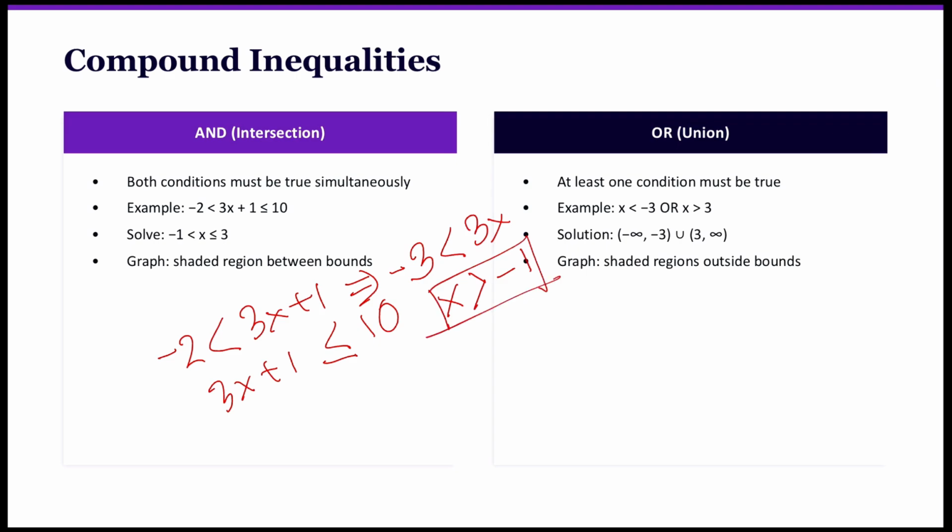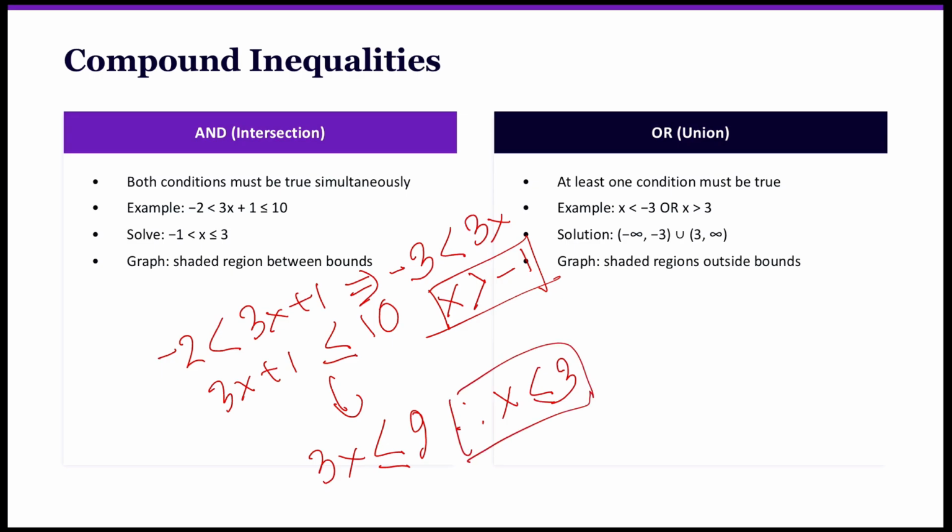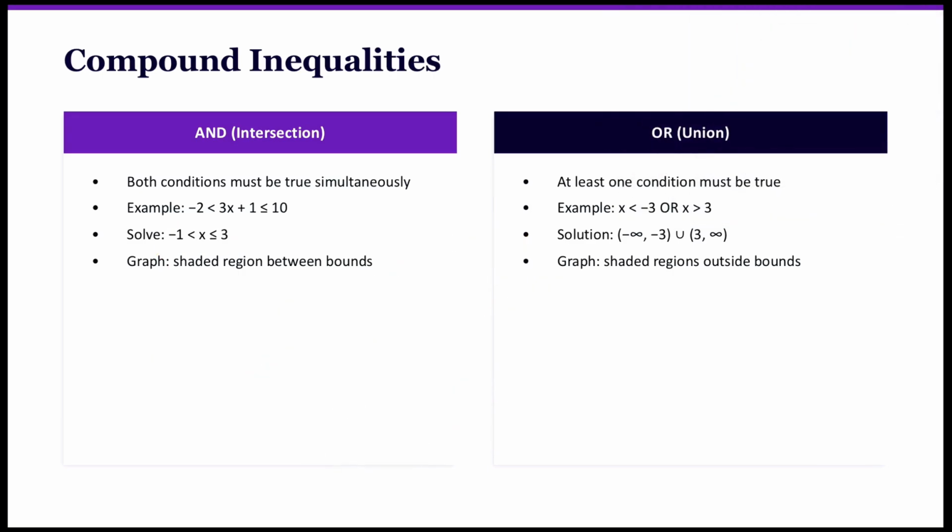And the other condition we get from this inequality gives us 3x is less than or equal to 9. Therefore, x must be less than or equal to 3. So that gives us our final answer of x being greater than negative 1 and less than or equal to 3.